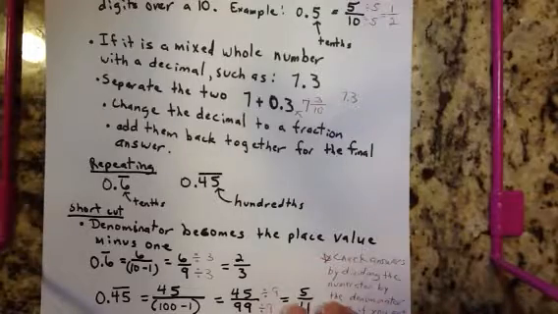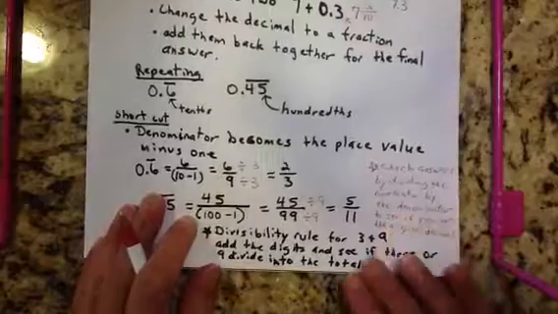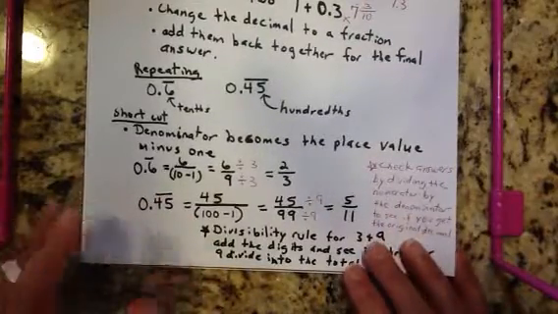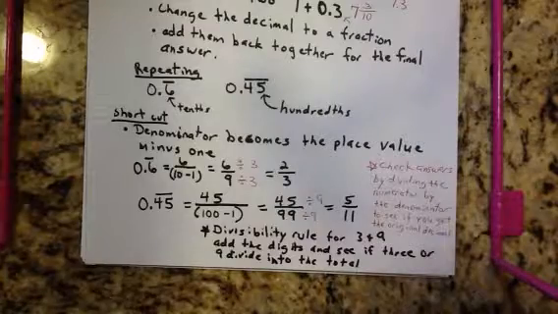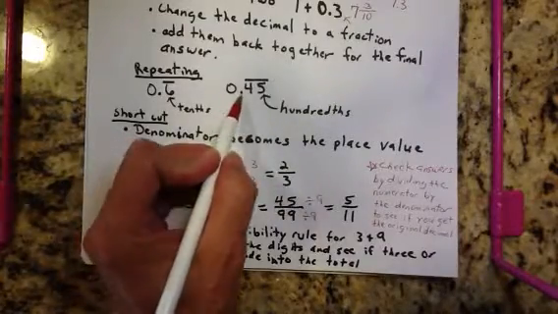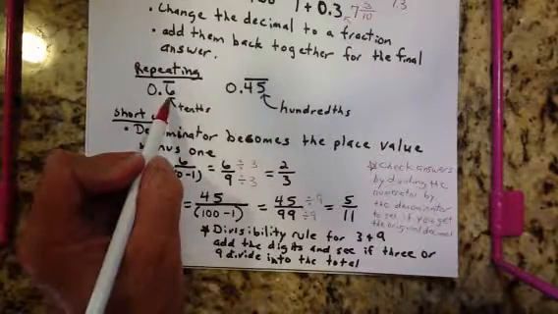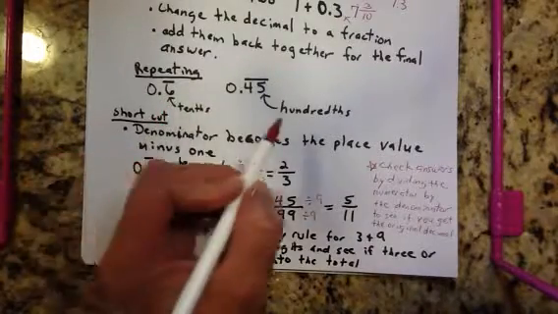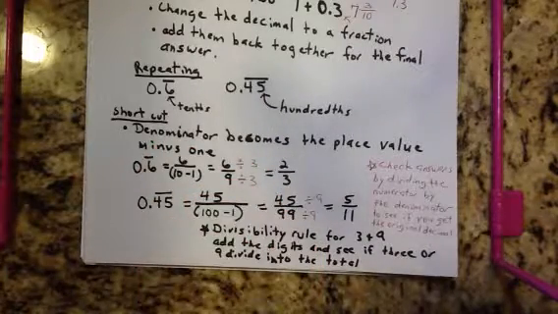All right, now what about those repeaters or repeating decimals like 0.6 repeating? Well, and here's another example, 0.45 repeating. You first take a look at its place value. This one's in tenths. This one's in hundredths. On this video, I'm only going to show you the shortcut for this.